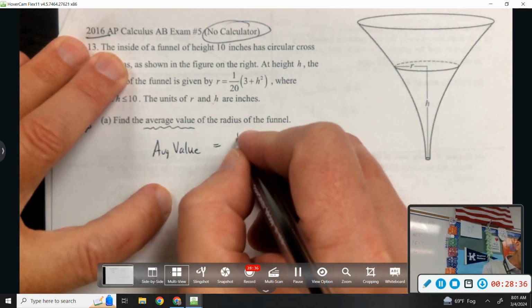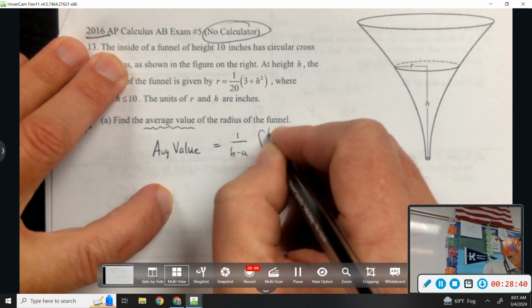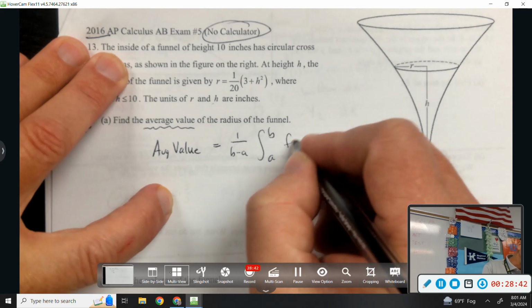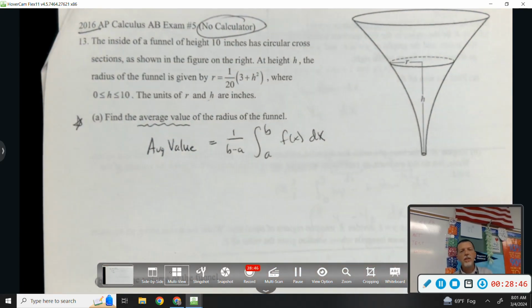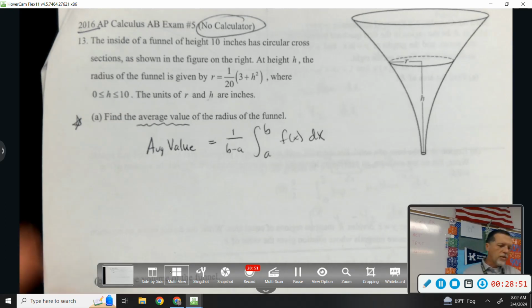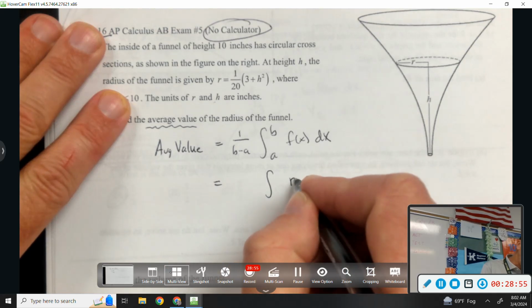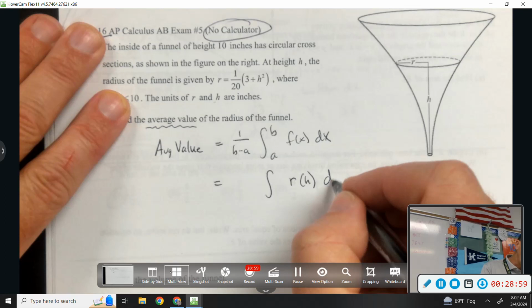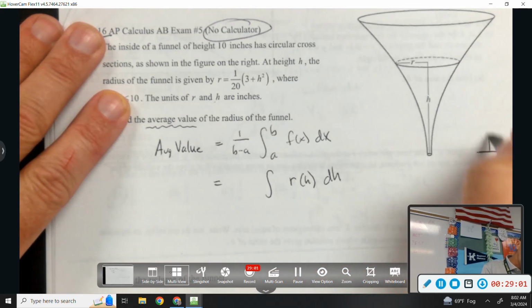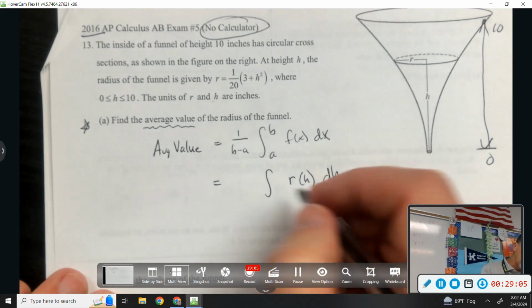Average value of a function is 1 over the width times the integral of the function across the width. So the average value of the radius would be the integral of the radius. Radius is changing with h. h is going from 0 to 10.